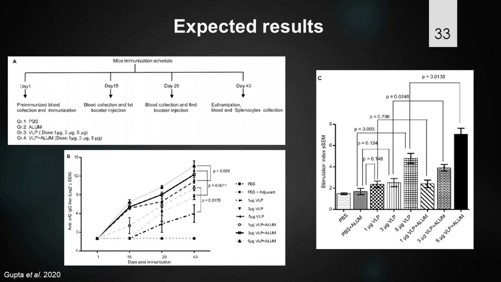The 5 microgram VLP plus alum groups were significantly higher, as you can see in the figure, as compared to only the VLP.